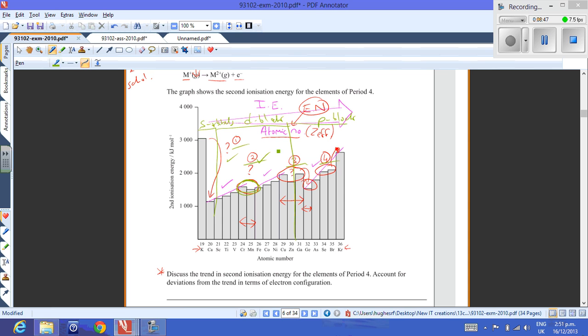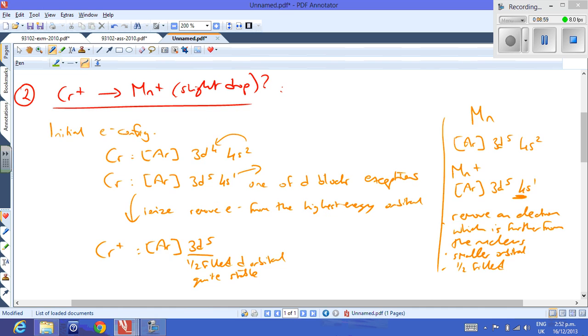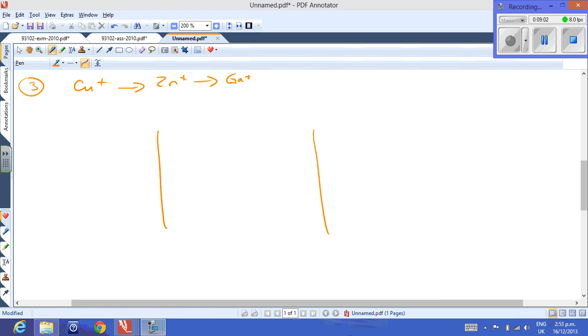So we've done number 1 and number 2. Number 3, there's an anomaly here between nickel, copper, zinc, and gallium. So these 3 elements right here. Let's discuss that anomaly. Again, to discuss the anomaly between these 3 ionic states, we're just going to write down the correct electron configurations.